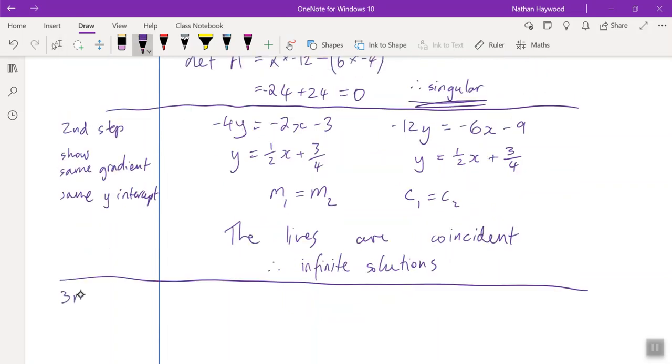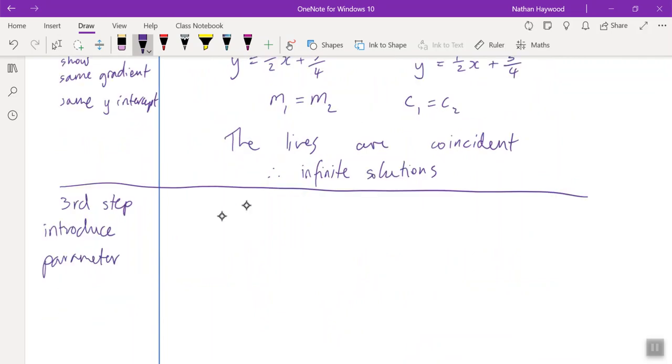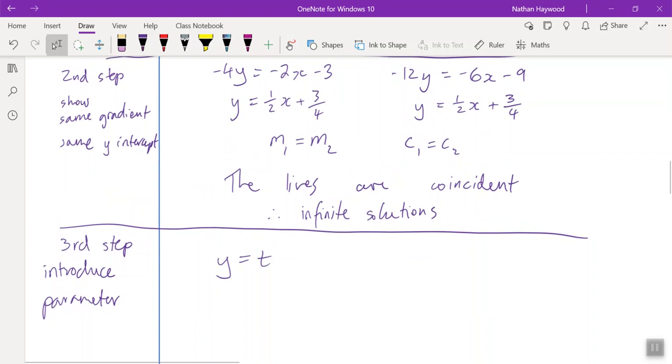Familiar with. Does anyone? So we're going to introduce a t parameter, so y equals t. So we need to say there's infinite solutions, but we need to introduce the parameter into it. So we're going to change it from the linear equations to a parametric form.